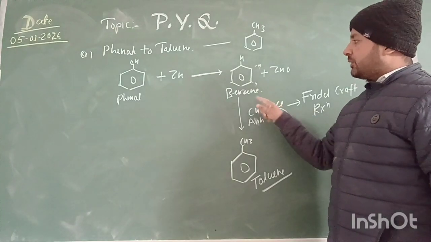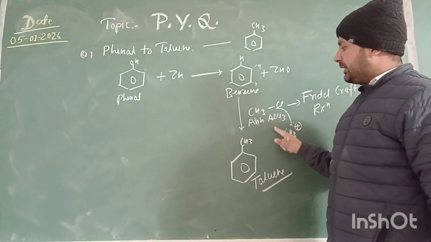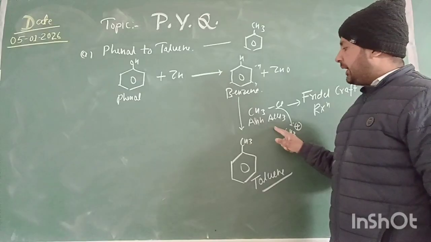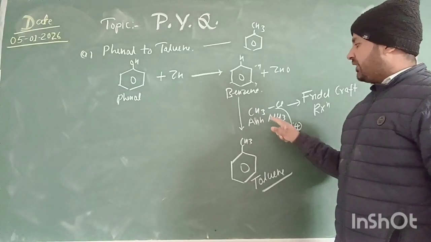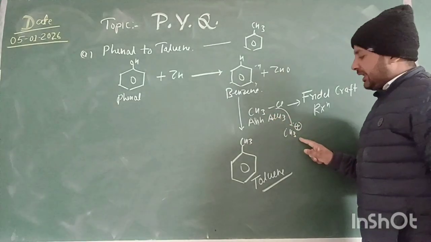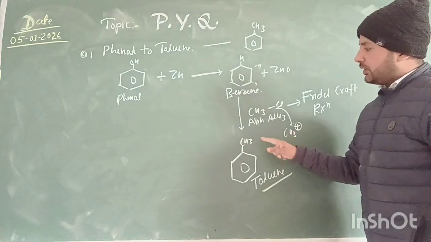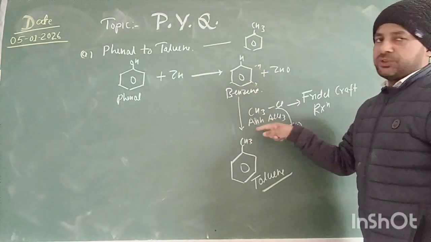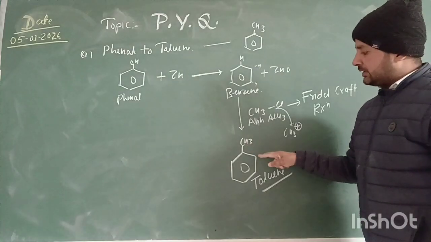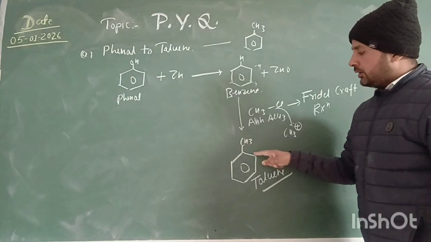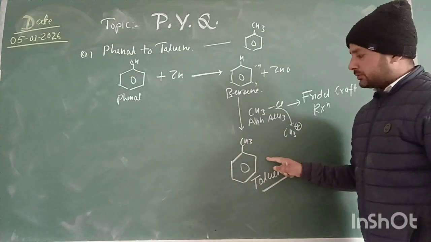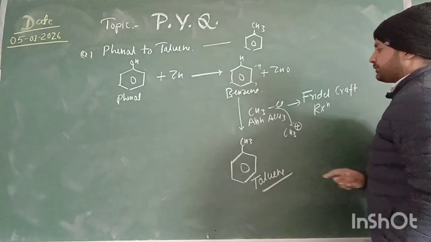We will react benzene with CH3Cl in the presence of anhydrous AlCl3, from where it will produce an electrophile called the methyl cation, which will attack the benzene ring at any position. We can put CH3 here also, okay, because all the positions are the same. So this is called toluene.